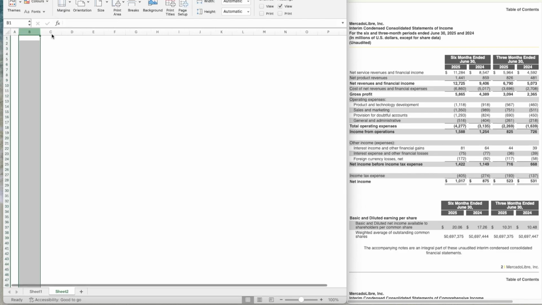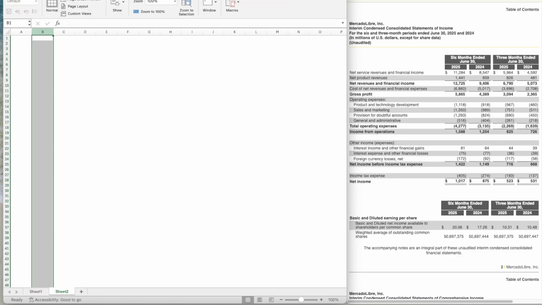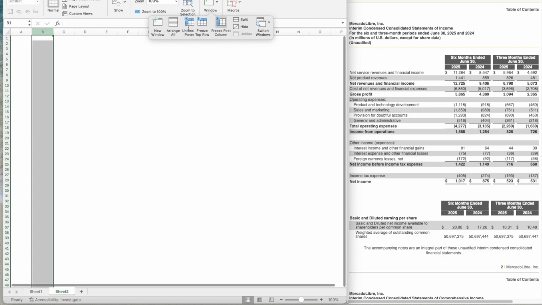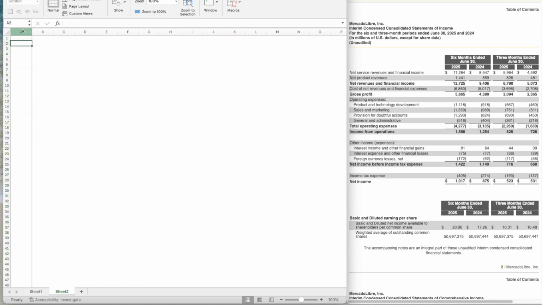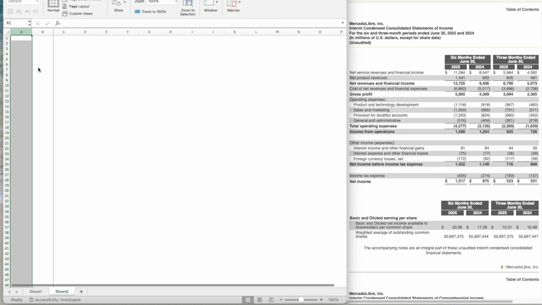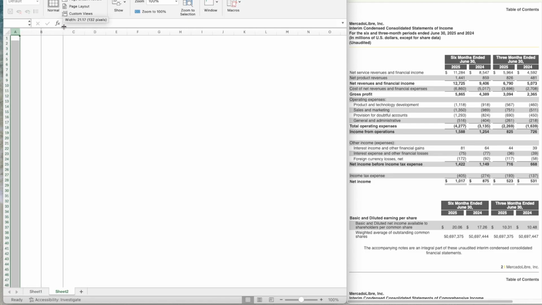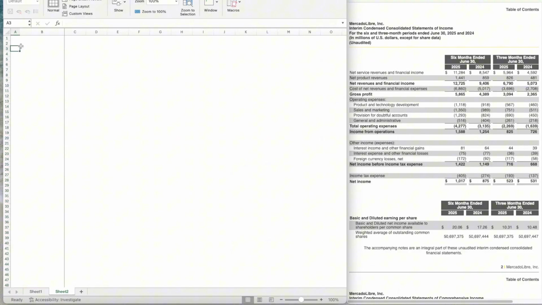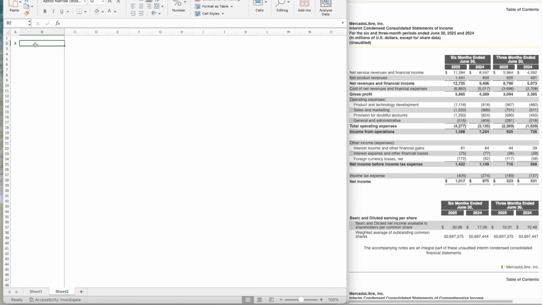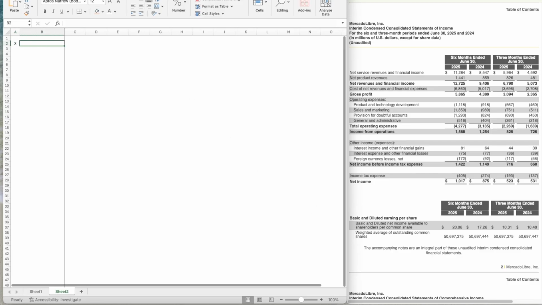Actually, just undo that, undo both, go view. Freeze the first column and then insert a column on A. So we have 2 columns, make A smaller, make B larger, and let's start. We put an X in here to show that it's the start of a section. Just let me zoom in as well for you guys.